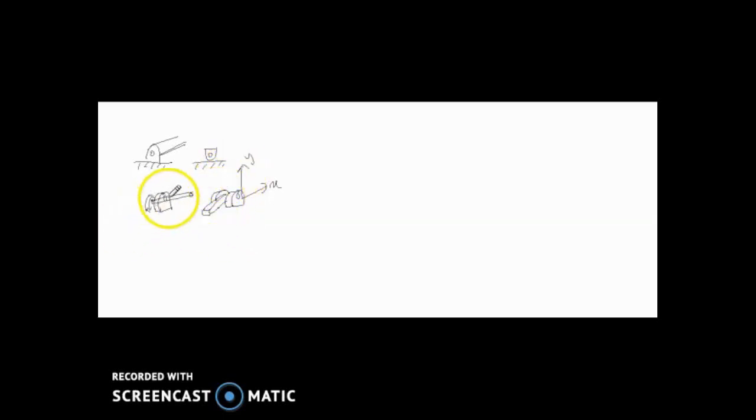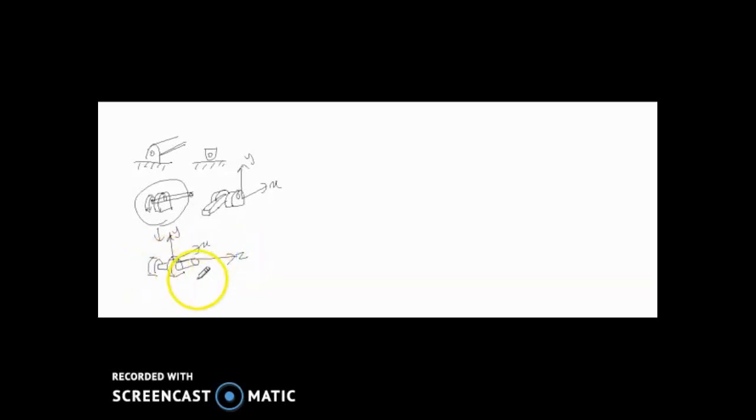But for this structure, if I redraw it again, like this, not only do you have one plane, which is x and y here, but you also have another axis here, which is the z-axis.